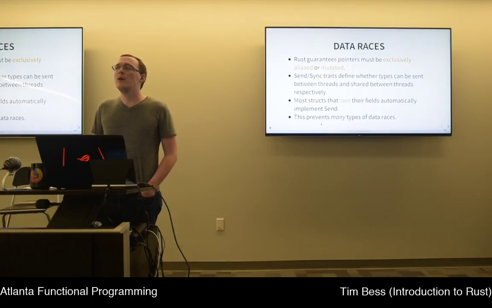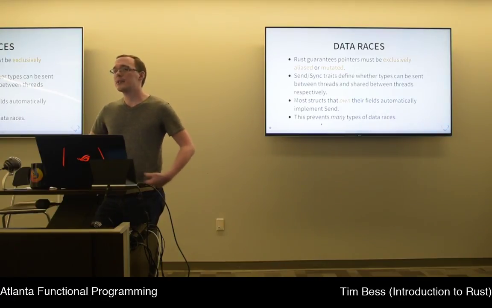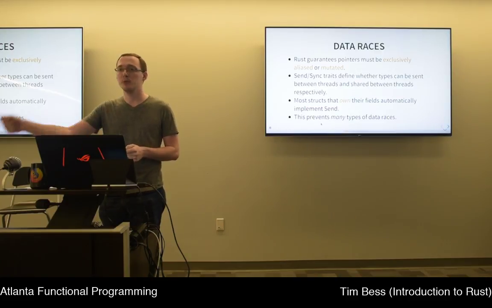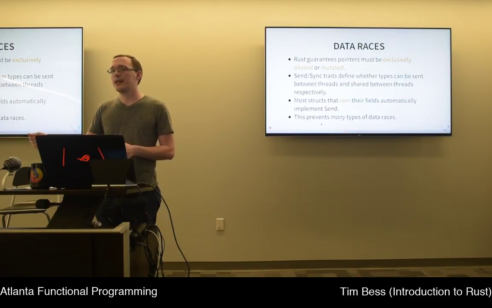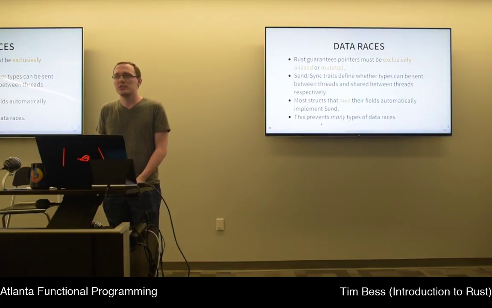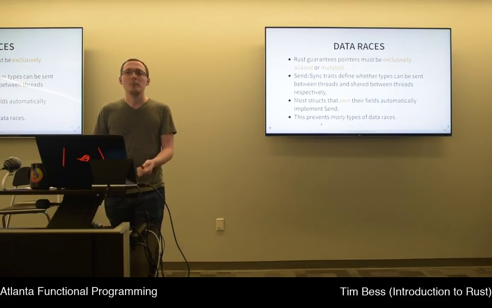Not necessarily. It just tells the compiler that when you send it to another thread, it doesn't have to move it. It just says this thing is safe to share between threads, and the compile won't fail when you try to. All right. The implementation is left up to you. Gotcha. Normally though, you will just use some standard library type that implements Sync and wrap your type in it, but you don't have to.